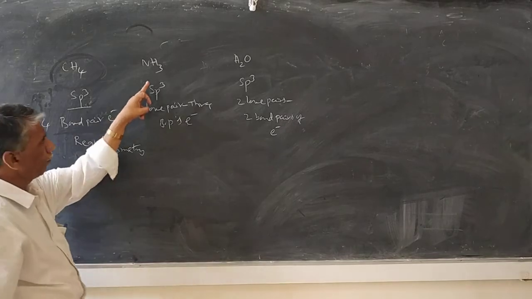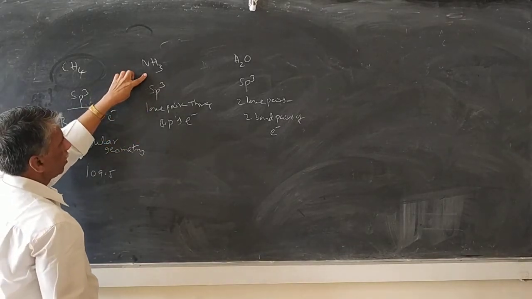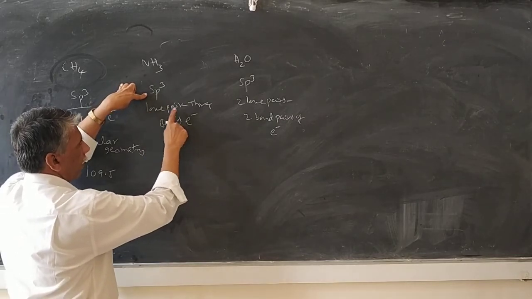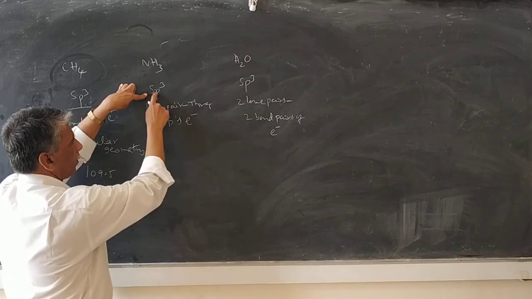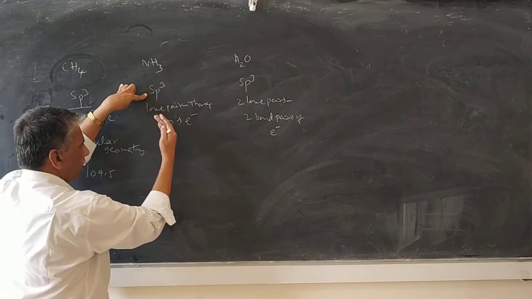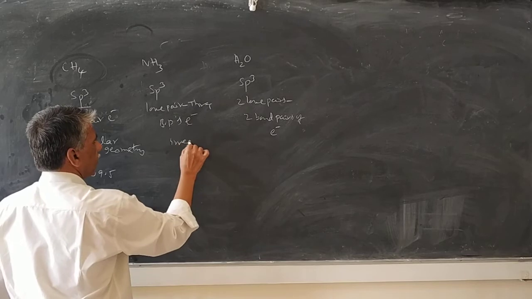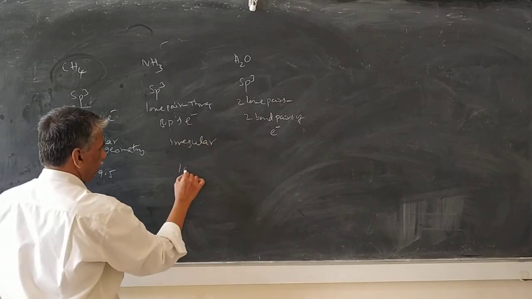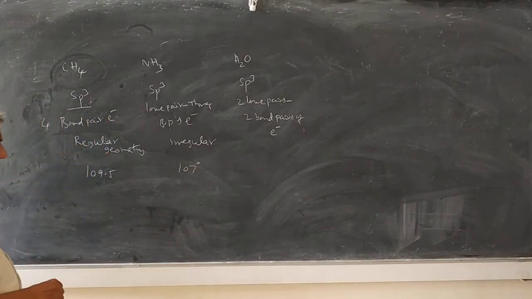Whereas if you come to the ammonia molecule, we have one lone pair of electrons along with three bond pairs of electrons. Since the molecule contains a lone pair of electrons, its geometry is distorted and it has irregular geometry, with slightly decreased bond angle, which is 107 degrees.